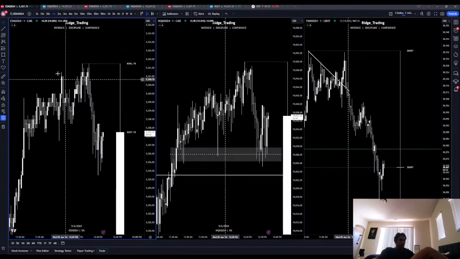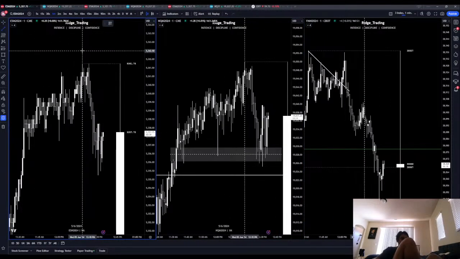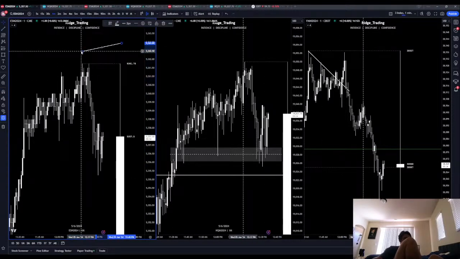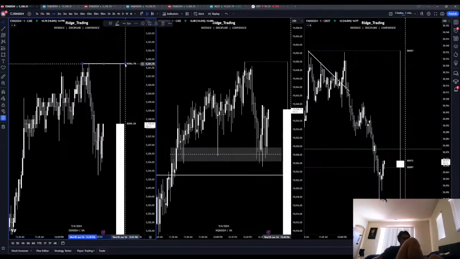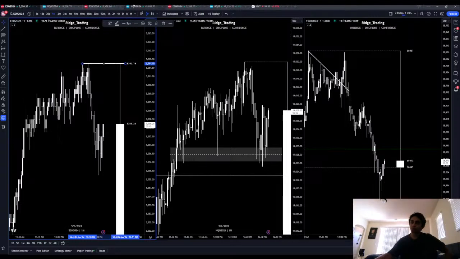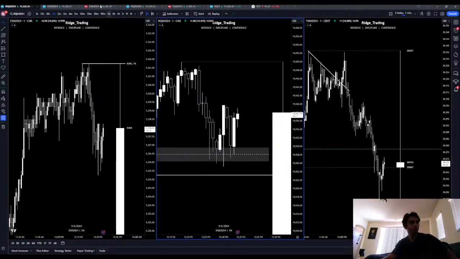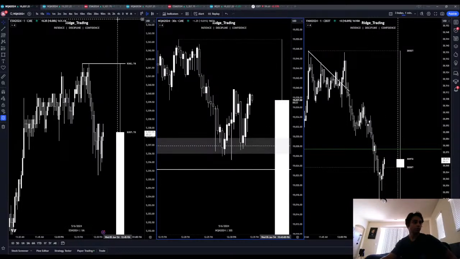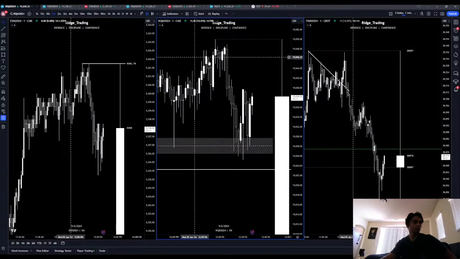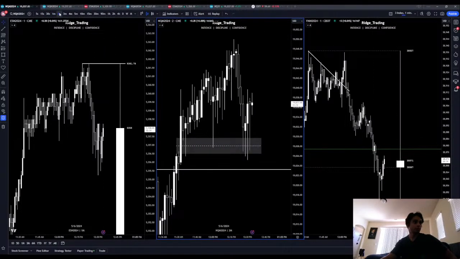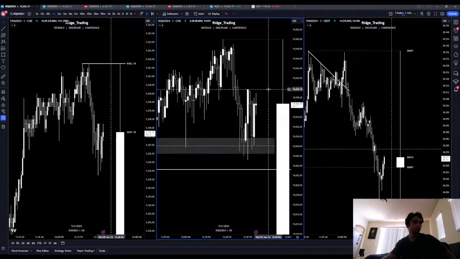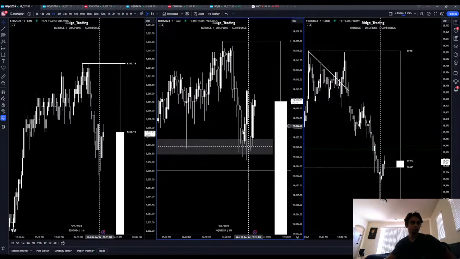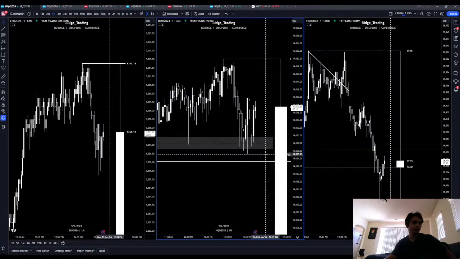Especially with equal highs here on ES. Oops. That's not what I wanted. Yep, manipulation leg. Looking pretty strong. I might go long here, guys.